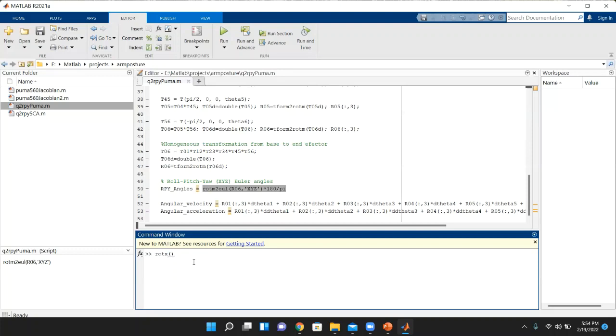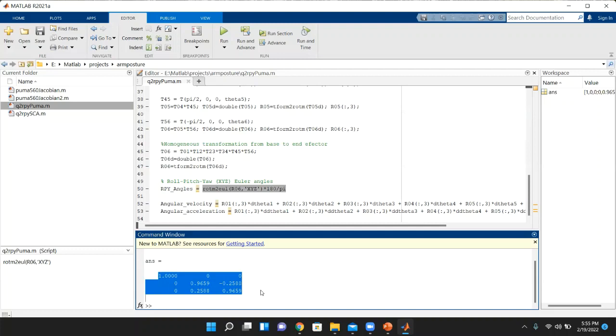I give some value, pi by 12 or whatever, right? You get this matrix. Now, let's say you have no idea about this angle, pi by 12. Because I typed it, you know it. But otherwise, if you just see the rotation matrix, you have no idea what this rotation is. Around which axis, what angle, you have no idea.